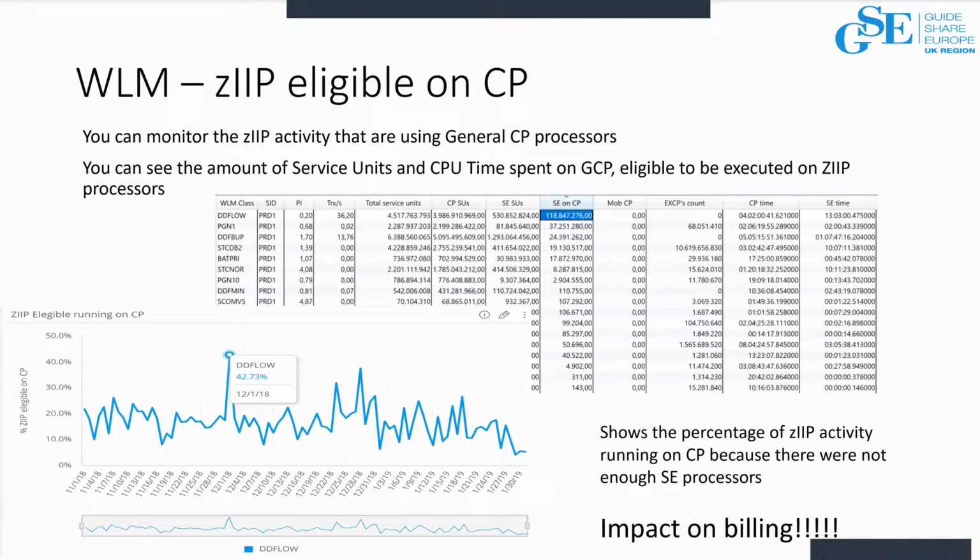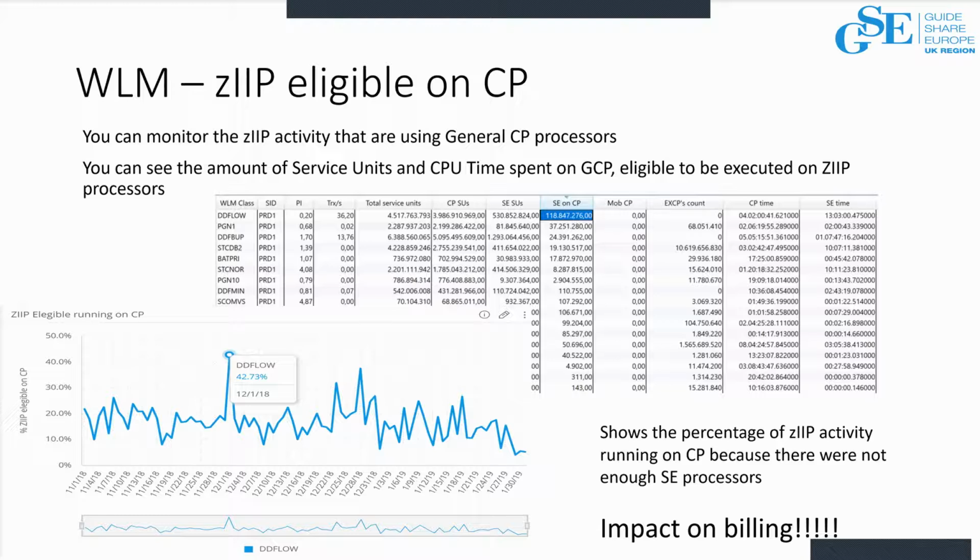And using the SMF 72, you are able to understand the amount of those eligible workloads that are running on the CP. And this is really important because here we are talking about billing. Everything that runs on CP is related to the billing, and what is running on zIIP, actually you don't have billing on that because the metrics for payment are completely different. You don't have to pay anything on the workload you are running on the zIIP.